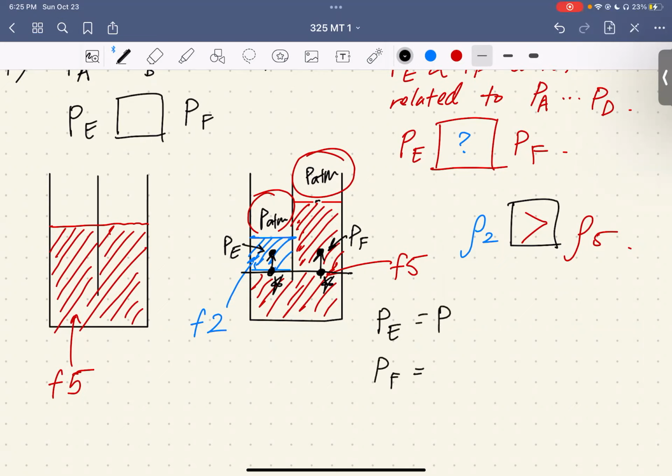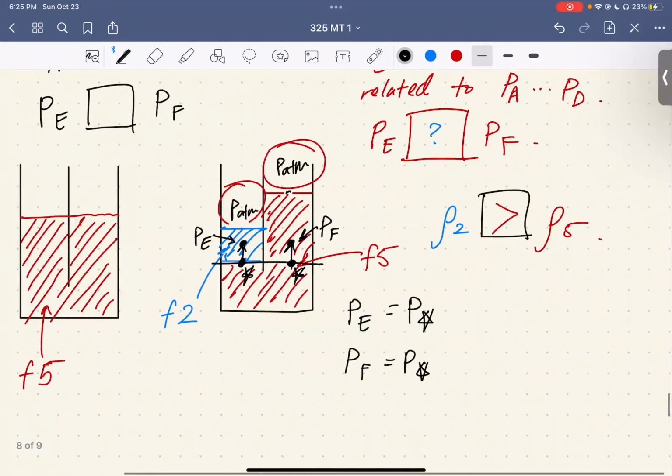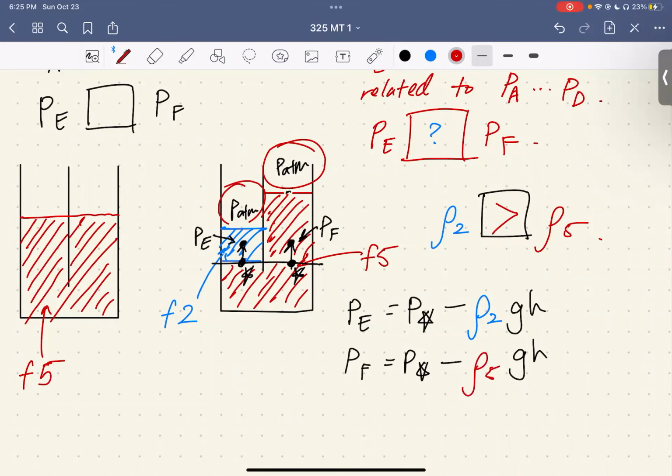We know it starts at point star, and because we're going up, that means pressure should decrease, hence the minus sign. We multiply by gh, the same gh. Then for tube E, we have fluid 2, so rho 2, and for tube F, we have rho 5.